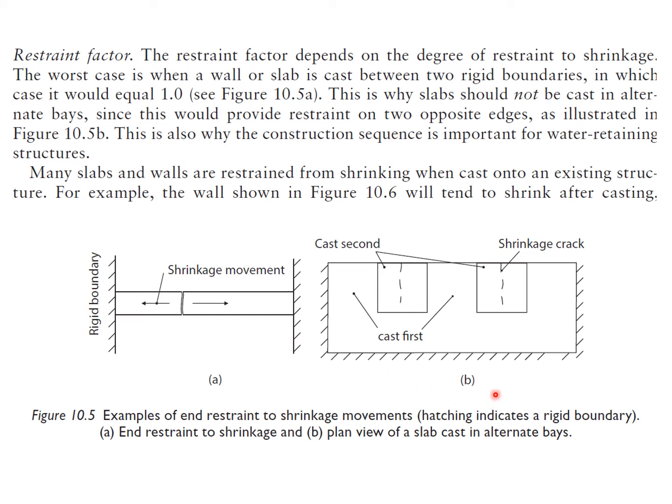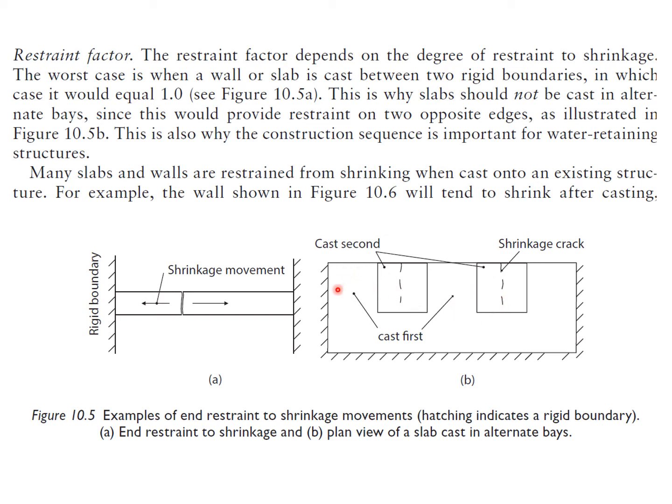In B here we can see a plan view of a slab, and we can see some rigid boundaries around the outside. So the slab was cast first here, and then this slab was cast here, this one was cast here, and then this one was cast here, leaving these two remaining slabs to be cast last.